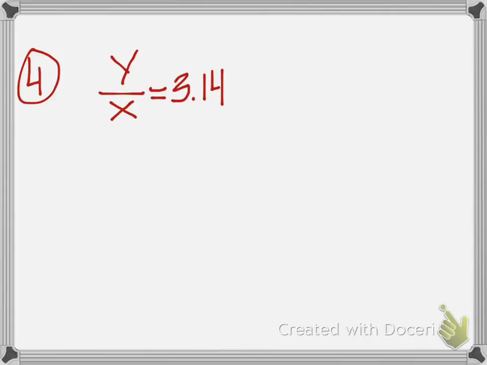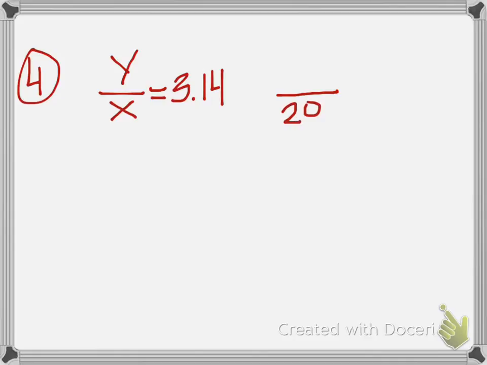So for problem number 4, it says use your equation to calculate the circumference of a plate with a radius of 14. We said its circumference over diameter equals pi, 3.14. Well, in this case, they're saying the radius is 14, and the radius is half the size of the diameter.